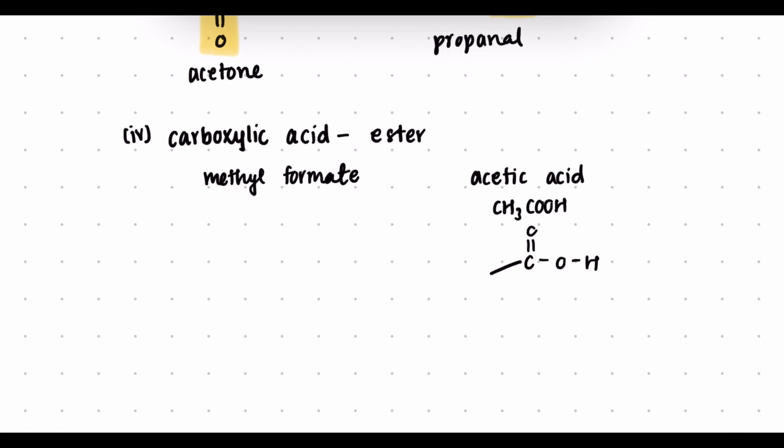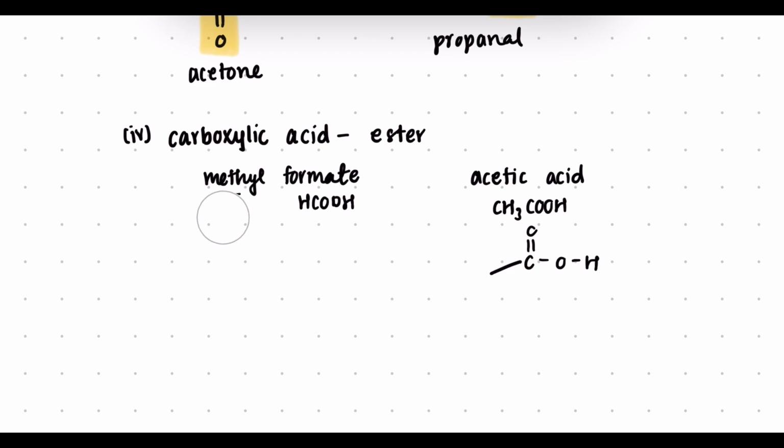And when it comes to making it as a salt form, we would use formate. So this is indicating a single carbon acid, so most likely HCOOH. And this, obviously the methyl, is indicating a CH3.